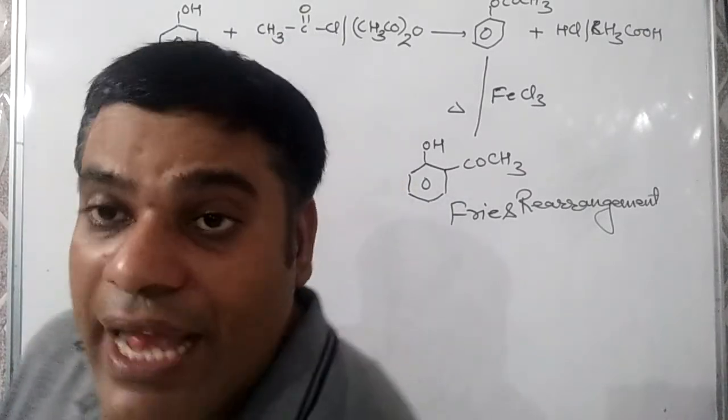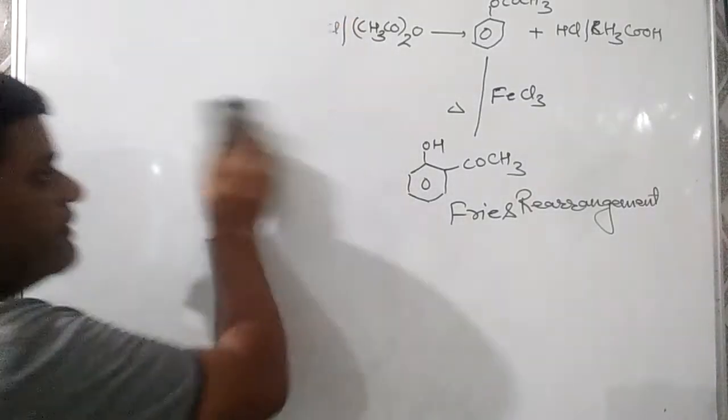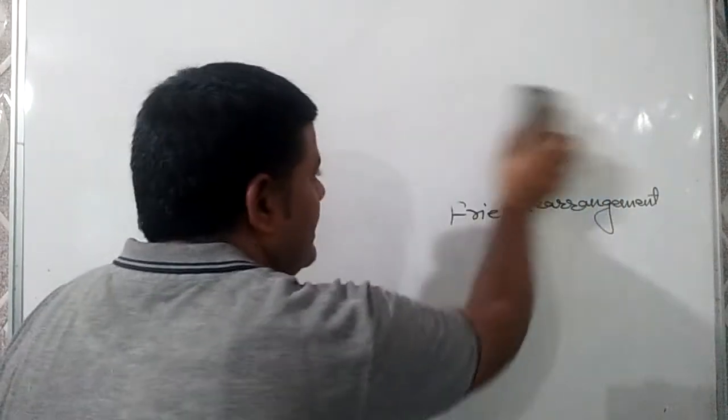And the last acidic reaction of phenol will be the reaction with Grignard reagent. As I have already mentioned, when Grignard reagent reacts with any substance which can give acidic hydrogen, the product formed will be an alkane, and that alkane should have carbon from the Grignard reagent only.